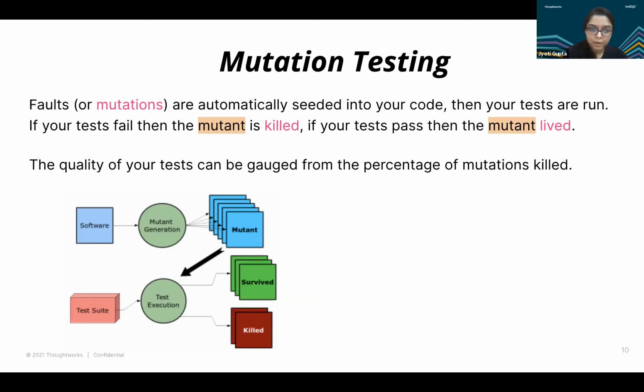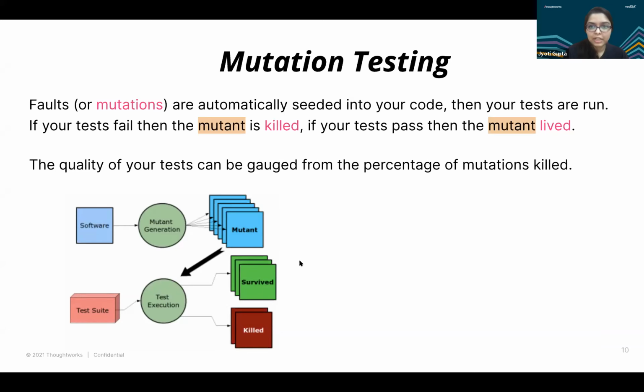There could be two possibilities. Either the test result of the original program and the mutant version is the same, which means we have to look at our test case again to see how we can kill the mutant. Or the results are different, which means your mutant is killed and your test fails. So we can say your test is good enough to kill your mutants.